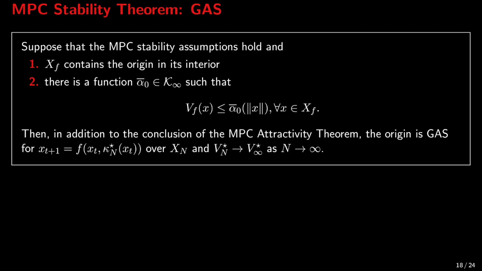So we have a convergence of the value functions to the infinite horizon value function. And this, needless to say, is reminiscent of the whole discussion we've had previously about the convergence of value functions in the context of dynamic programming recursion.